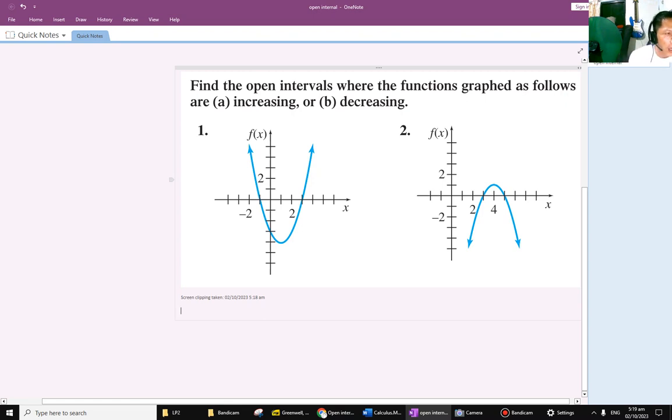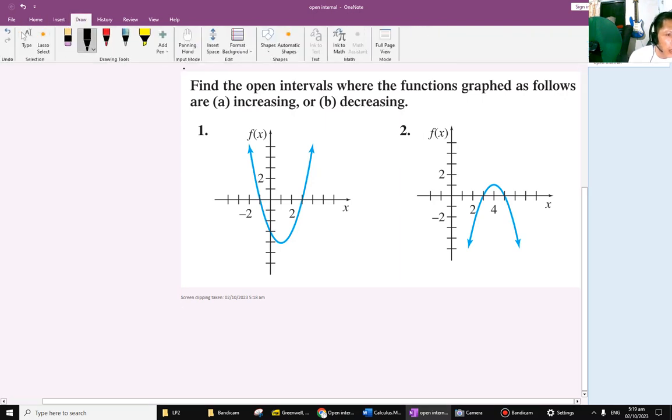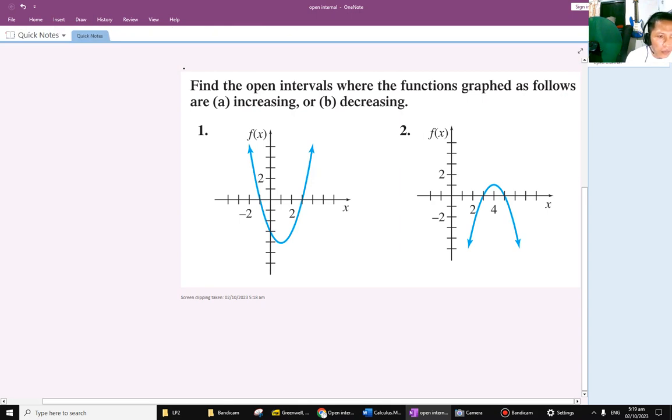So we would have an open interval of negative infinity up to positive 1. That is the open interval for a decreasing function. So this is letter B.